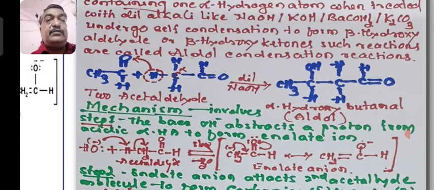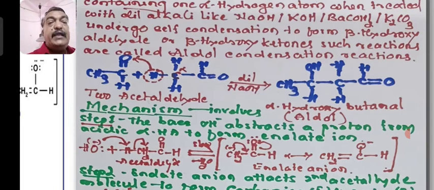In the first step, the hydroxyl group removes a proton to form an anion. This anion is generally known as the enolate anion, CH2 minus CHO, which also exists as CH2 double bond CH O minus.